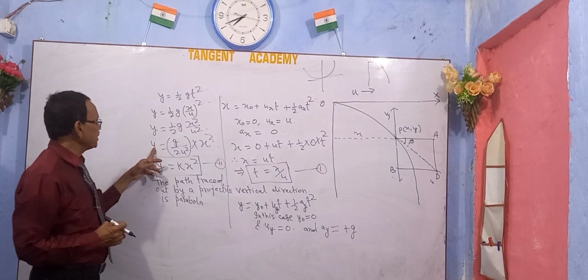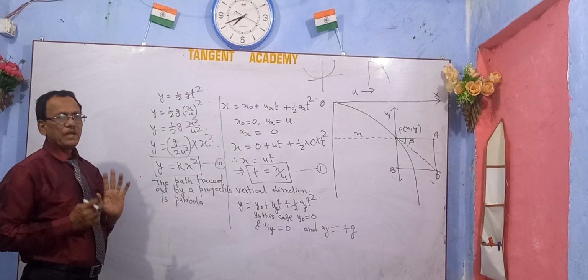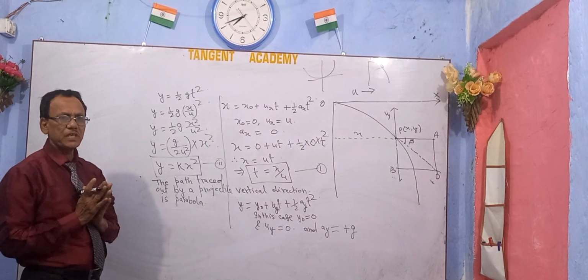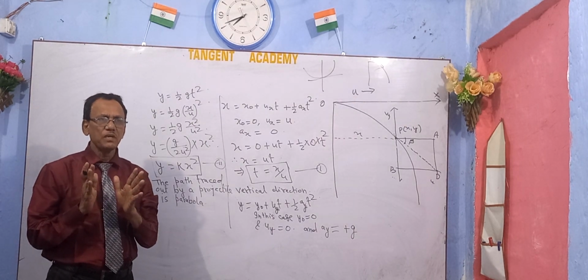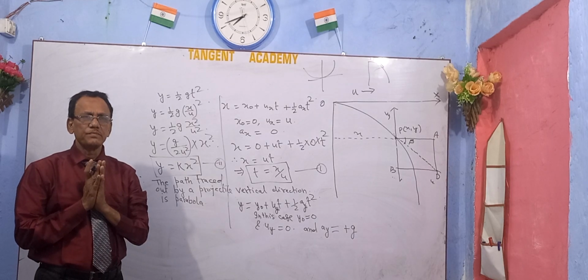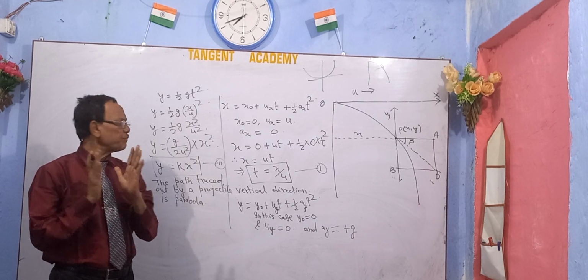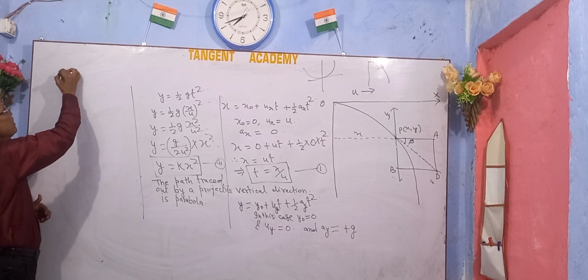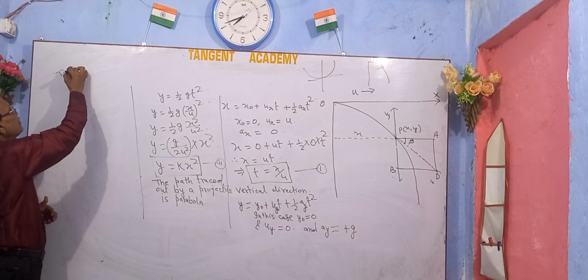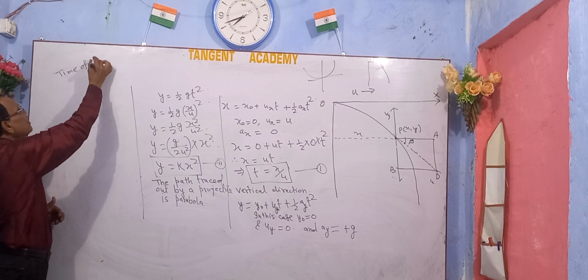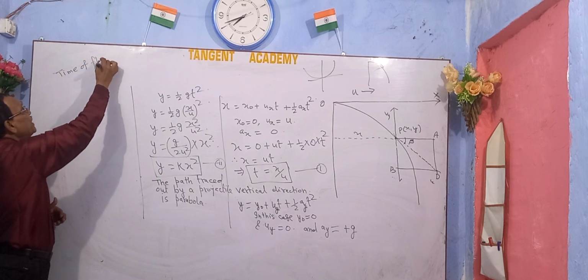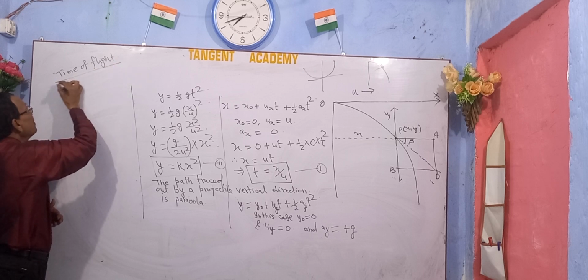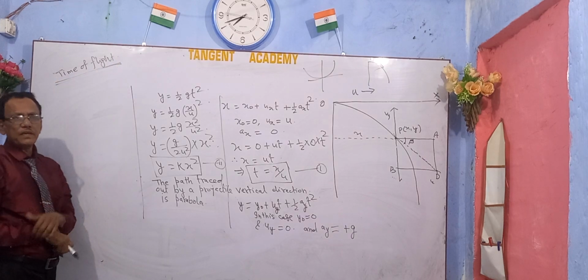Now this can be symbolized as h. So h is equal to half gt square from this equation. Now with vertical motion, we are going to calculate the time of flight. What will be the time of flight for the projectile?